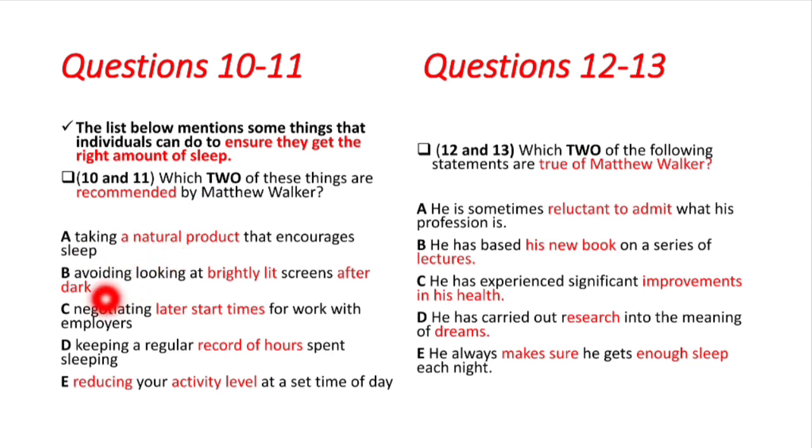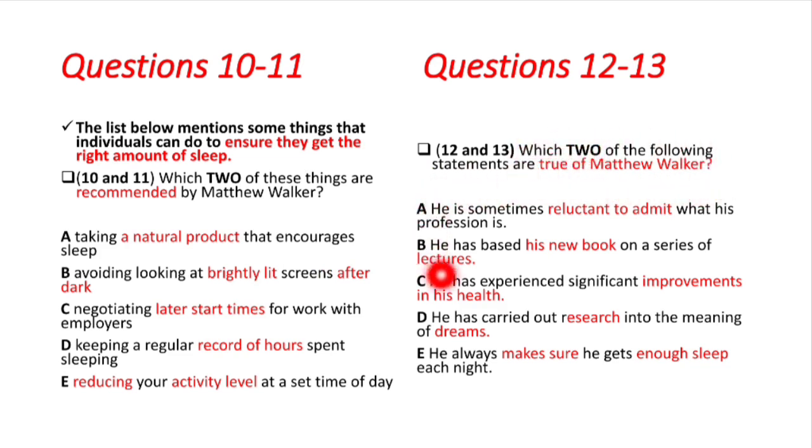The next one is avoiding looking at brightly lit screens after dark. Have a look. Next one is negotiating later start times for work with employers and keeping a regular record of hours spent sleeping, as well as reducing your activity level at a set time of day, right? Okay. And the next question is, which 2 of the following statements are true of Matthew Walker?